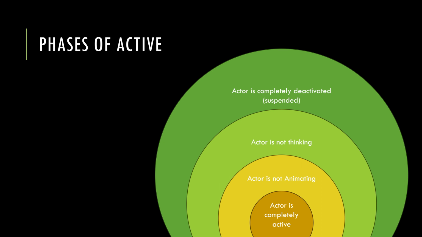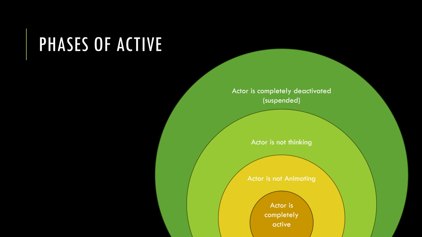Now, much of what I've been saying to this point has been about the server and how the server CPU and memory can be managed. There is this notion of net relevancy, which I've touched on, and I'm just going to flash up a couple of things out of the documentation.